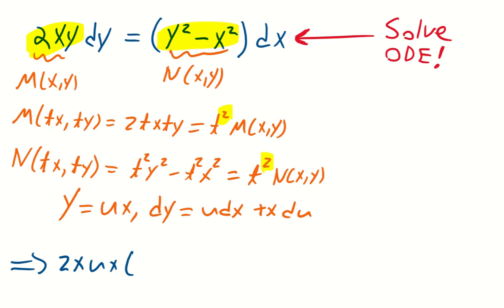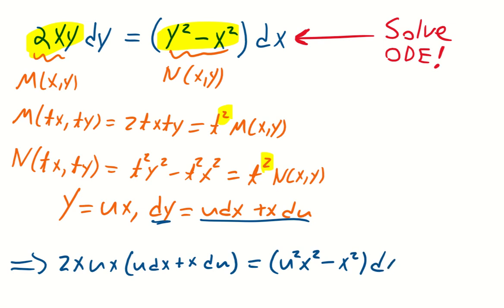We're essentially thinking about y in terms of the variables u and x. We can't say dy. We have to think about u and x, so we have u dx plus x du for dy. And then on the right-hand side, we have y squared, which is just u squared times x squared, then minus an x squared dx.